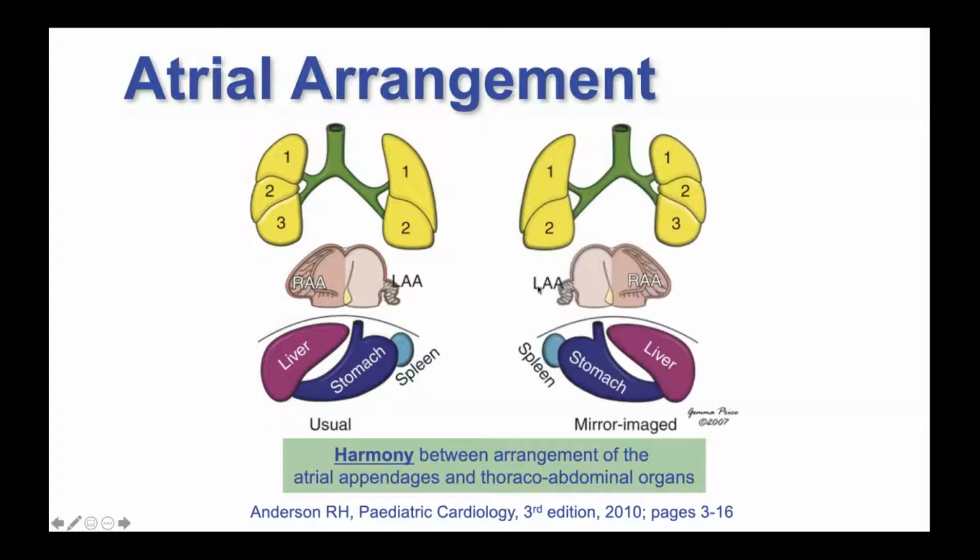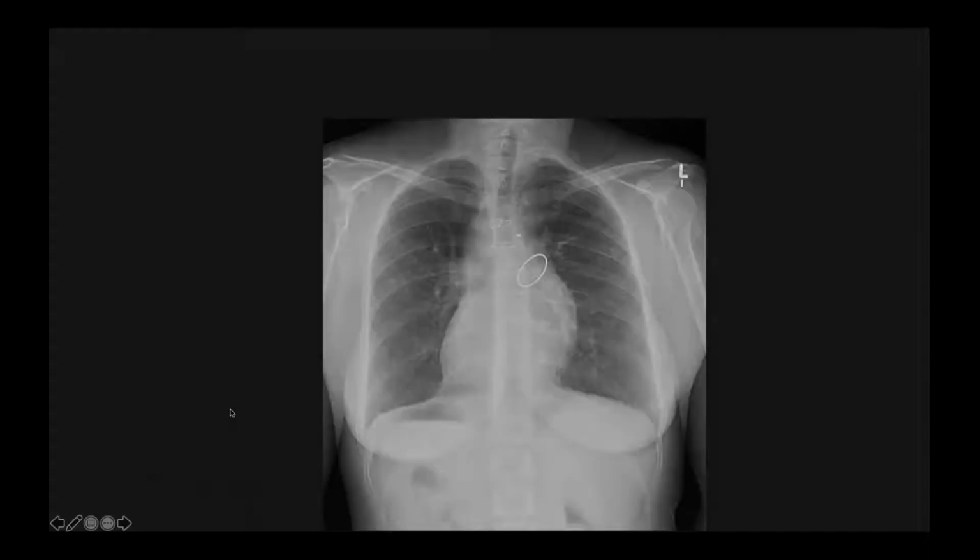If I have a mirror-image arrangement of the atria, the right atrium is on the left, the morphological right lung is on the left, and the liver is also on the left. So if you know the pulmonary situs or the abdominal situs, then you also know the cardiac situs, because they are in harmony, usually. Not always, there are exceptions.